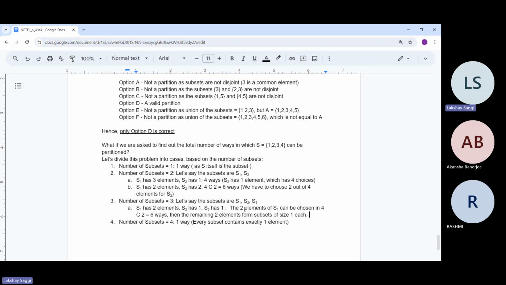So what I'm saying is that as soon as we choose the two elements of S1, we are done in counting the number of ways in this case. So hence, the total number of ways in this case is equal to 6 and nothing else.